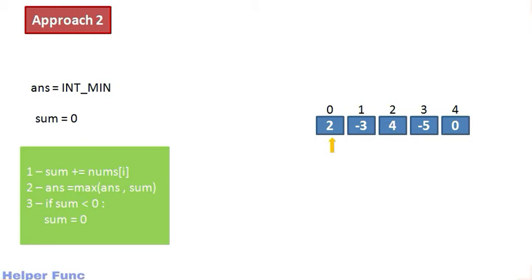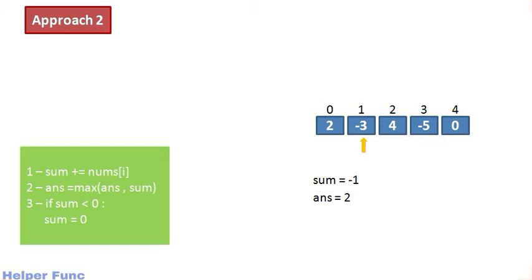Now let's go through this example for more understanding. Initially we are at index 0, thus we add 2 to our sum. And now because sum is greater than answer, answer will also become 2. And the third condition will not be applicable here as sum is not lesser than 0. Now we are at index 1 and we add minus 3 to sum. Thus sum becomes minus 1.